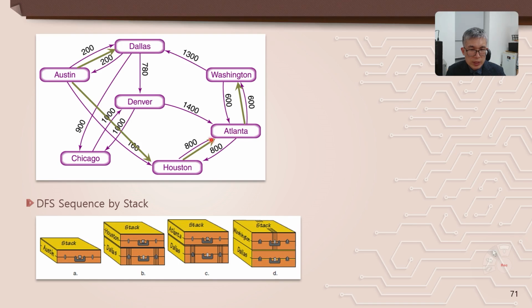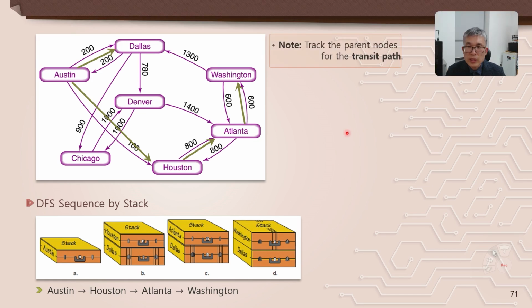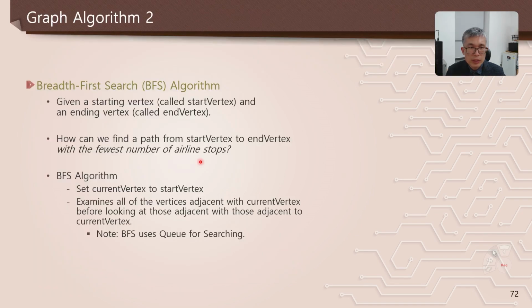Then Atlanta is popped and Washington is pushed. So eventually we get Austin, Houston, Atlanta, Washington. We can get the path by tracking the parent nodes, and the reverse path we can calculate.